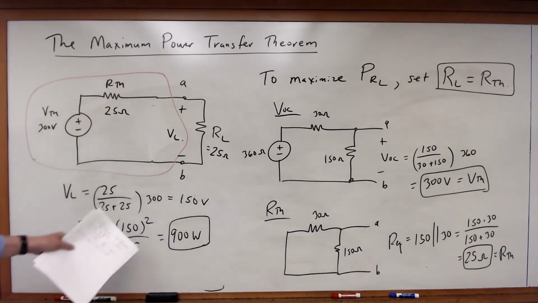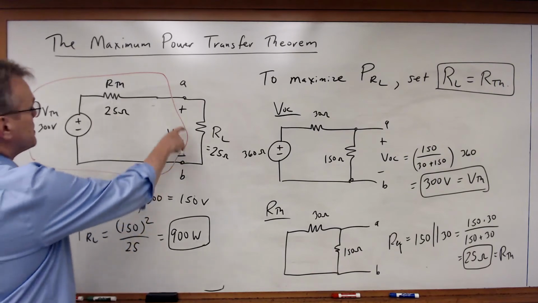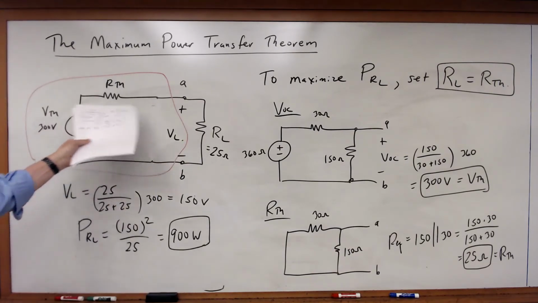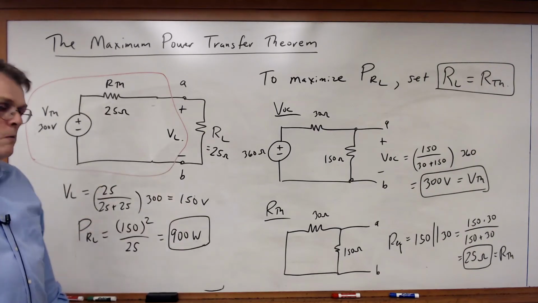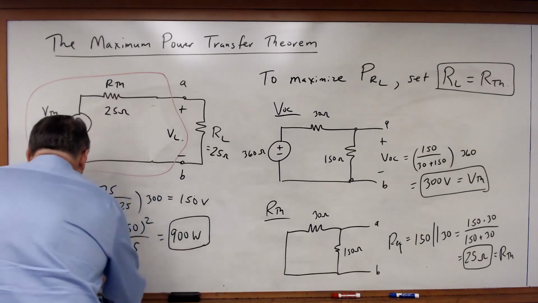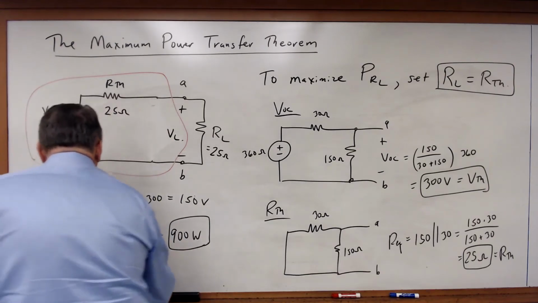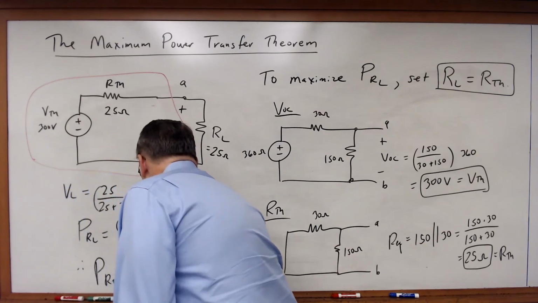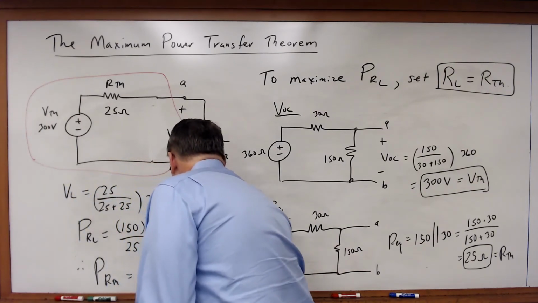All right, now you note the same current is flowing through both resistors, and they are the same resistance value, so therefore the power of the Thevenin resistance is equal to 900 watts as well.